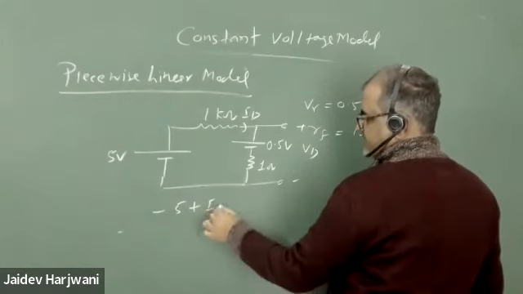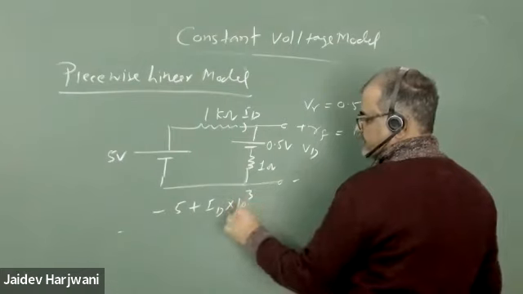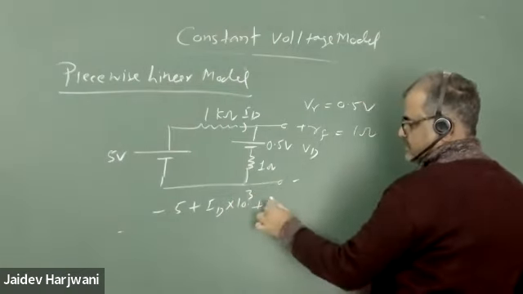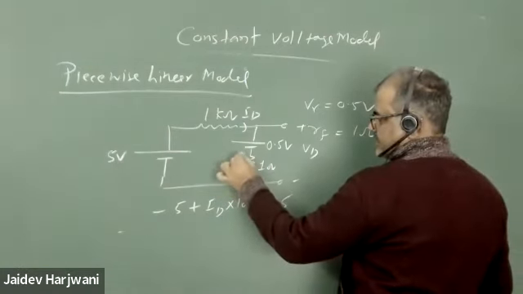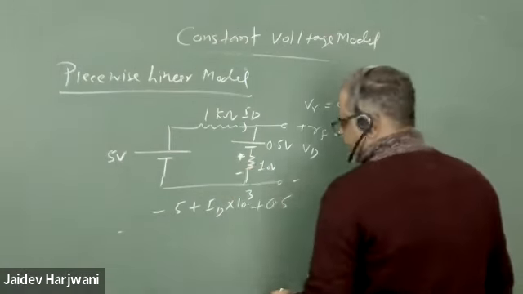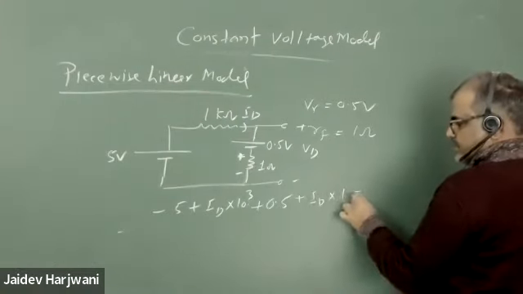So -5 plus, say the current is ID, -5 plus ID into resistance 1 kilo ohm, that is 1000 ohm, plus 0.5, and say the voltage drop here is ID into 1 ohm.